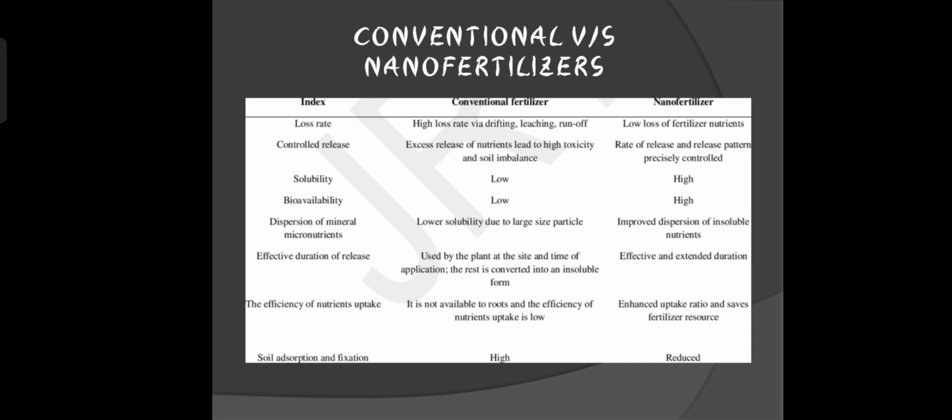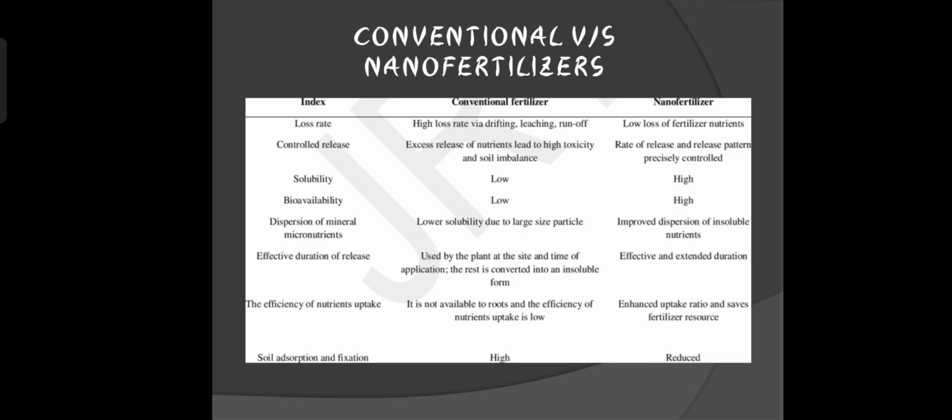Effective duration of release. In conventional fertilizers, only part is used by the plant at the site and time of application, and the rest is converted into an insoluble form. But in a nanofertilizer, the duration of release is effective and extended.